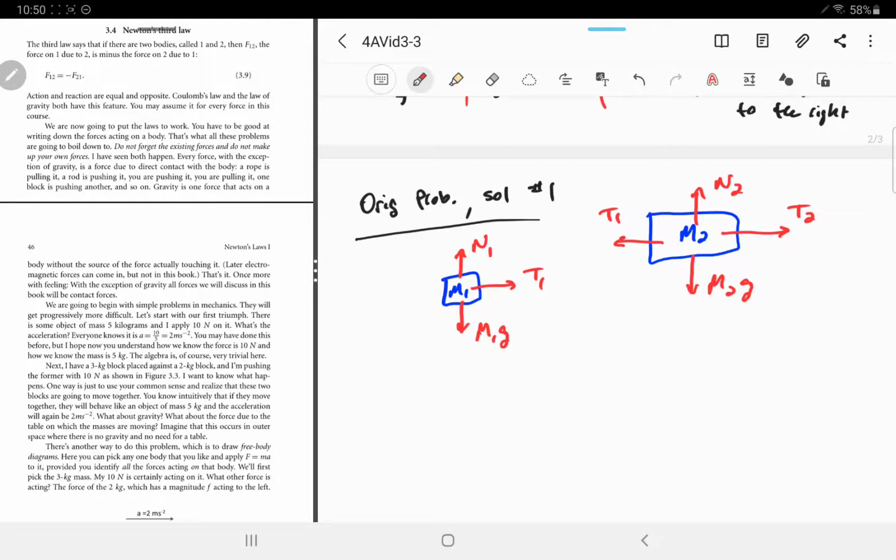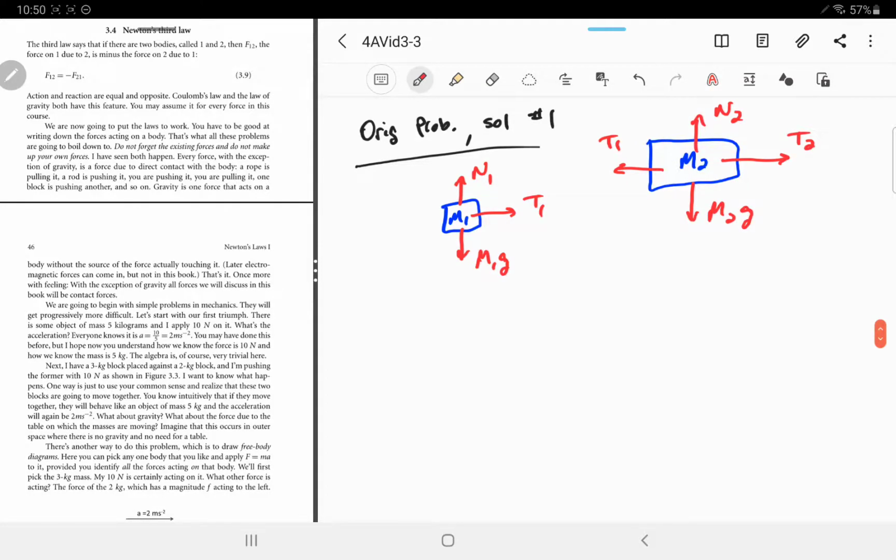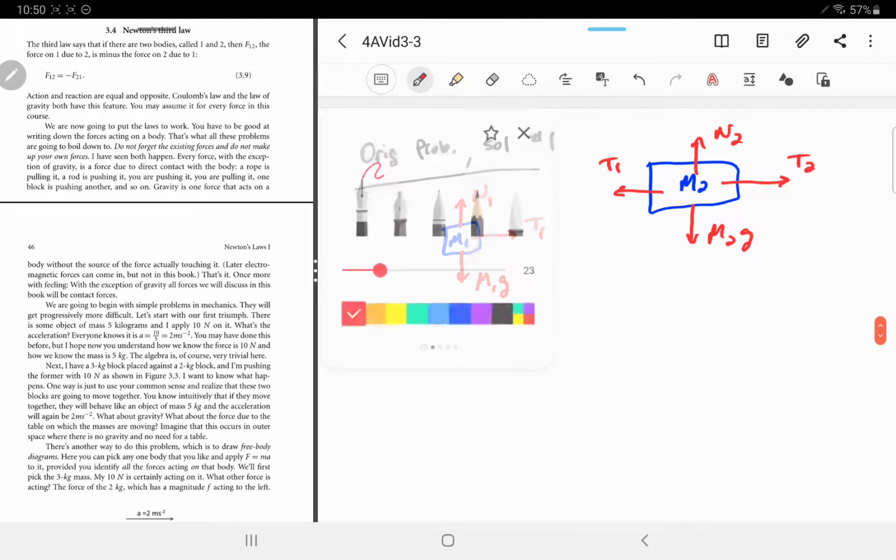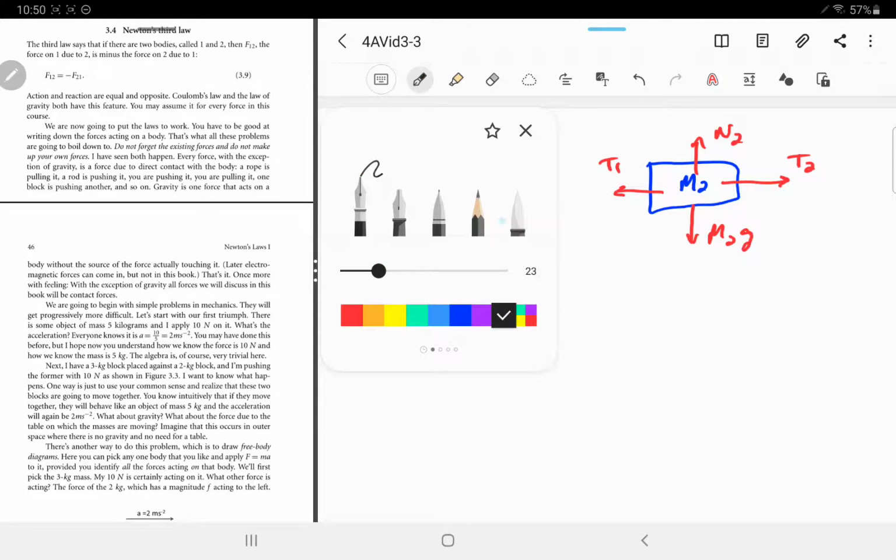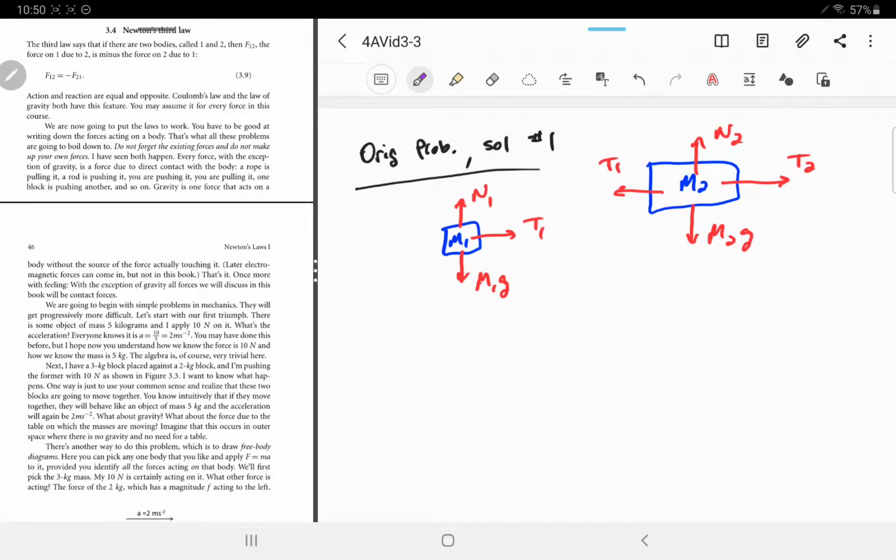Now, all the interesting stuff is happening in the horizontal direction, meaning there's no acceleration in the vertical direction. So we already know N2 has to equal M2G, and N1 has to equal M1G. That component isn't terribly illuminating. But the horizontal one is.